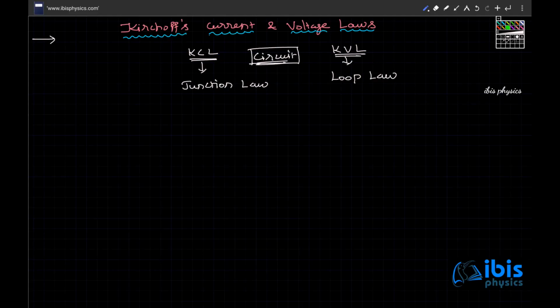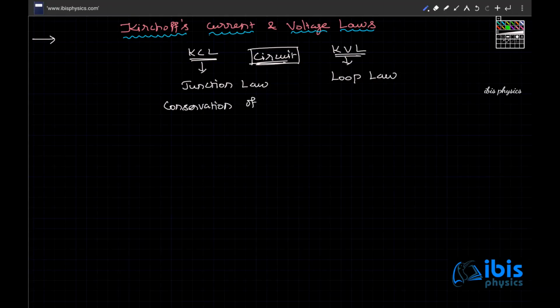Moreover, even for a parallel or series combination of resistors, we can still use Kirchhoff's current law and voltage law, which are more general. Kirchhoff's current law is a direct outcome of conservation of charges.